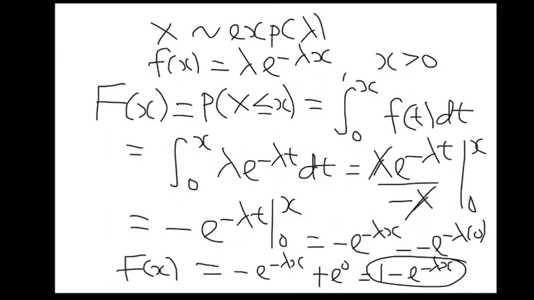So I started with an exponential distribution, and of course, I stated the probability density function of the exponential distribution. Then from there, I derived the distribution function, which is 1 minus exponential raised to the power minus lambda x.